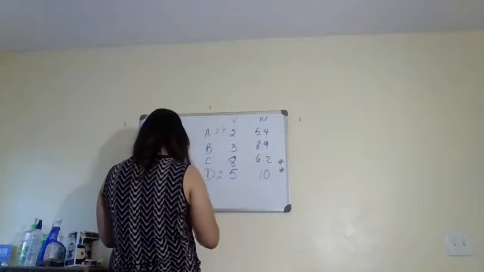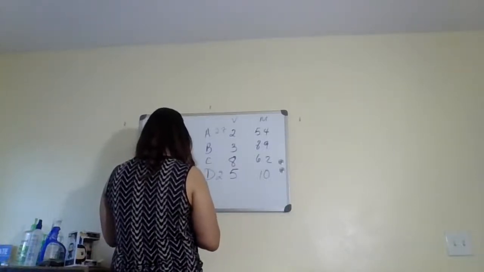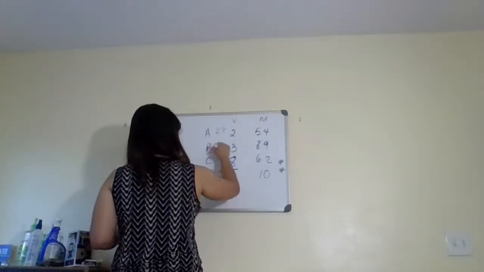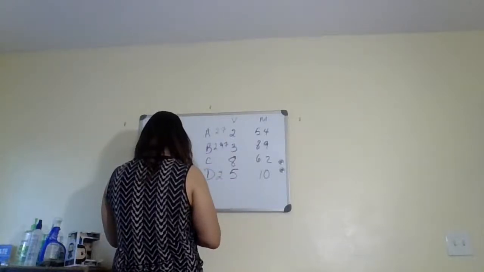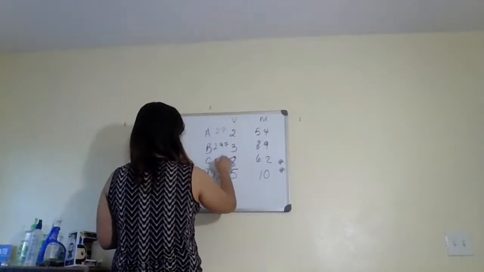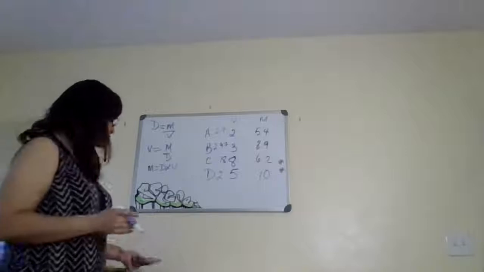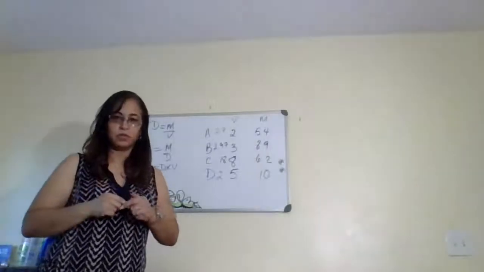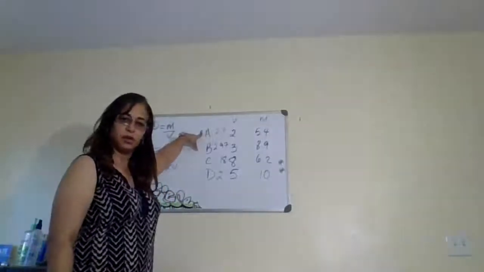I'm just going quickly here. 8.9 divided by 3 is 2.97. And 6.2 divided by 8 gives you 0.775 or 0.78. Well, if I tell you that the density of aluminum is 2.7, then the only possible substance that could be aluminum is A.